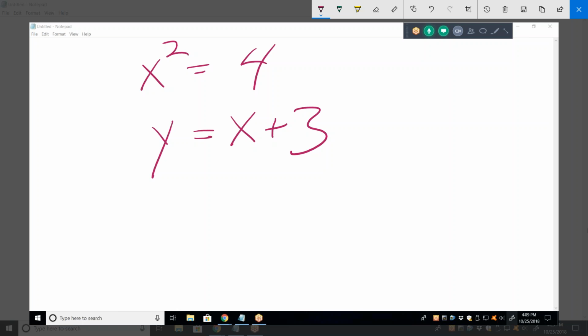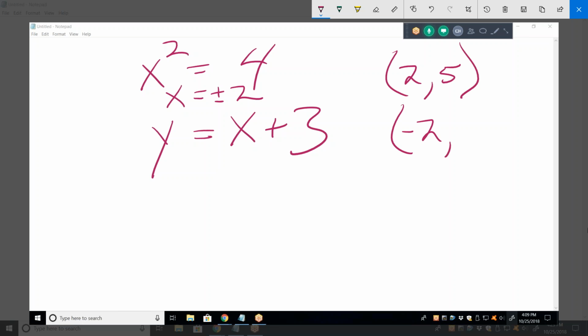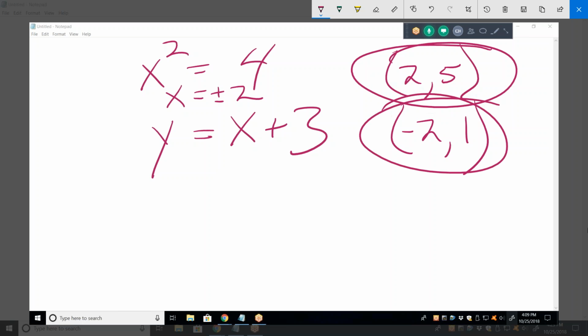Well, x equals 2. Actually not. X equal plus or minus 2. So when x equal plus 2, what's y equal to? 5. When x equal minus 2, what's y equal to? 1. Those are my two solutions. Okay. And you better not ignore that one. You will lose half credit.